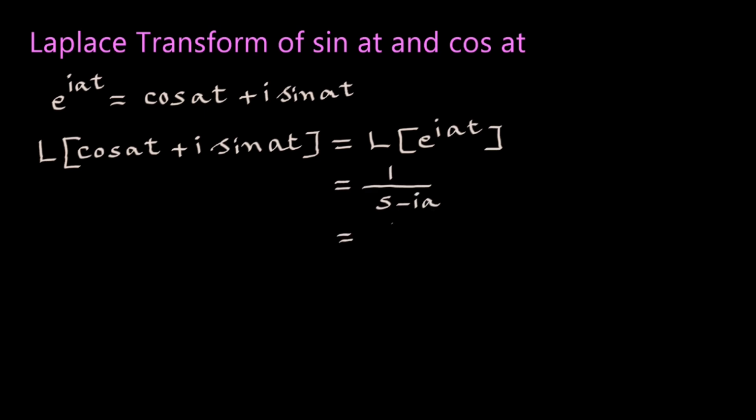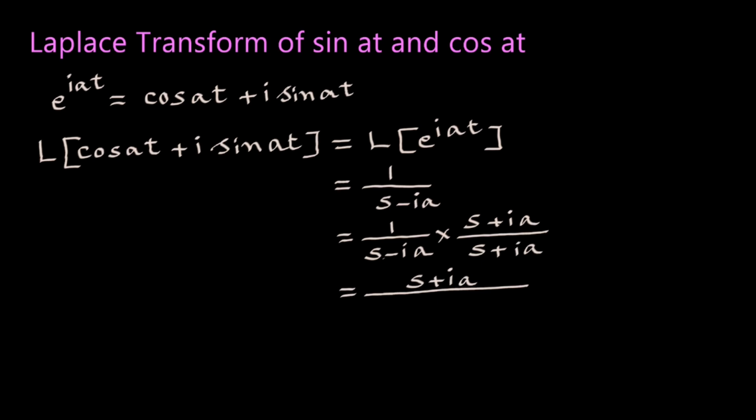Multiplying by the conjugate, 1 upon s minus ia into s plus ia upon s plus ia will be s plus ia upon the product of s minus ia and s plus ia, which will be s square minus i square a square, which is s plus ia upon s square plus a square.